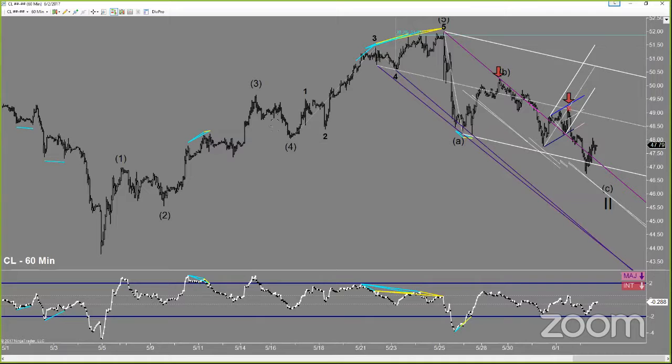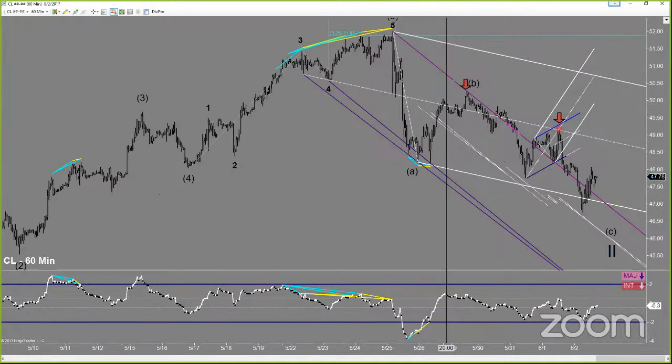I guess you could also look at this as a potential double 3 correction. I won't get into that, but right now I've got this as 5 waves for a completed A up, and then now we're in our A down, B up, and looking for that final C wave.